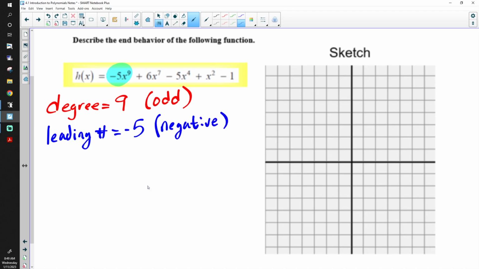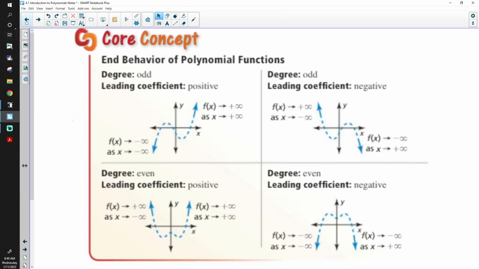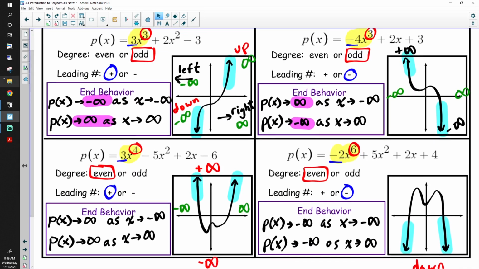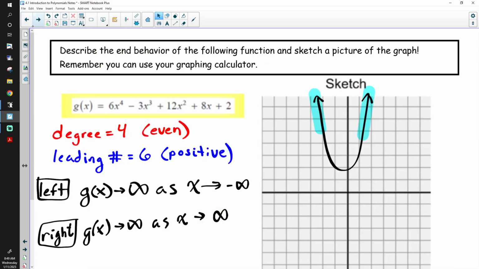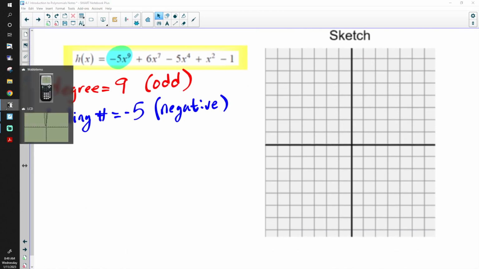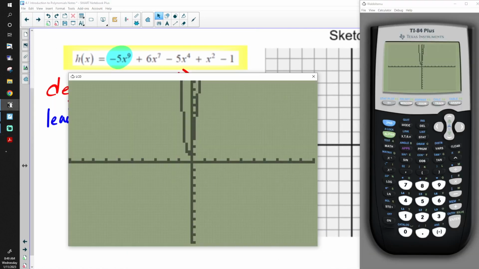Again, I don't even really need the sketch because if I just take a couple seconds and go back a page in my notes, odd and negative, my graph is going to go up on the left and down on the right. I know for a fact. We'll double check.